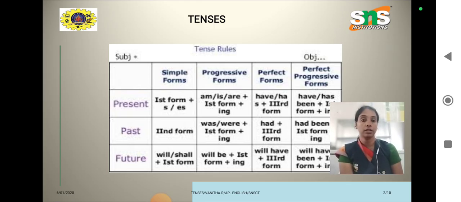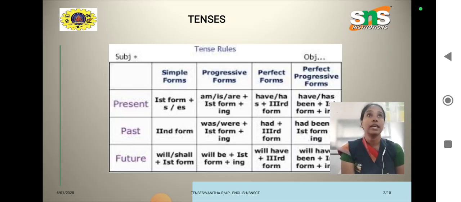And if you come to the simple past, we use the second form of the verb. If I take the verb eat, I can use it in simple past, like I ate pizza yesterday. So, the direct past tense of the root word eat we use in the simple form.